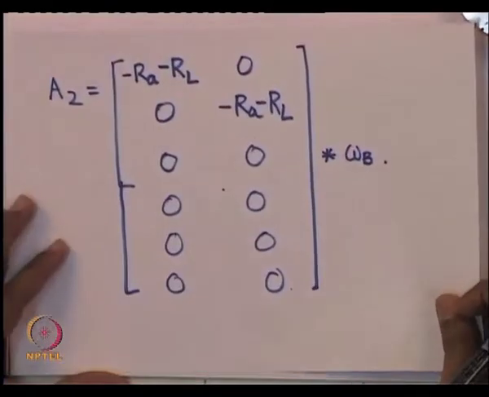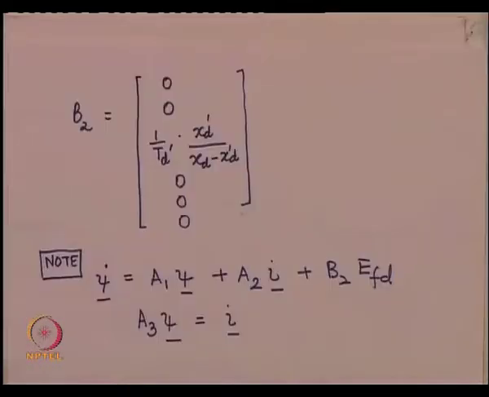These equations are in per unit. So, that is an important note which you have to make. Now, this B matrix, which I will call B2, relates all the fluxes to Efd.